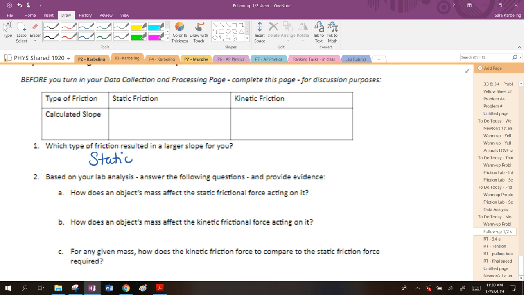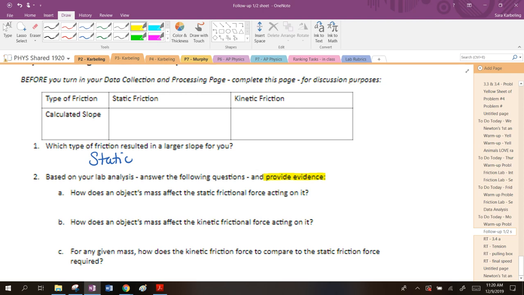Question 2 says, based on your lab analysis, answer these questions. And what does it say? Provide evidence. That's the key. Friends, I didn't ask you to write a conclusion for this lab, but I will again soon. And basically, this is what I'm asking you to do. Question A here is really just the first half of the research question.